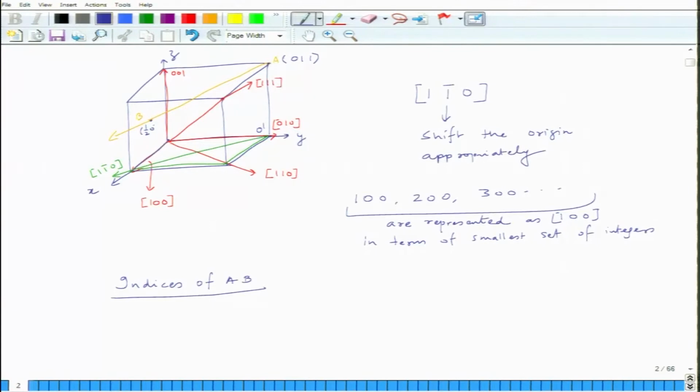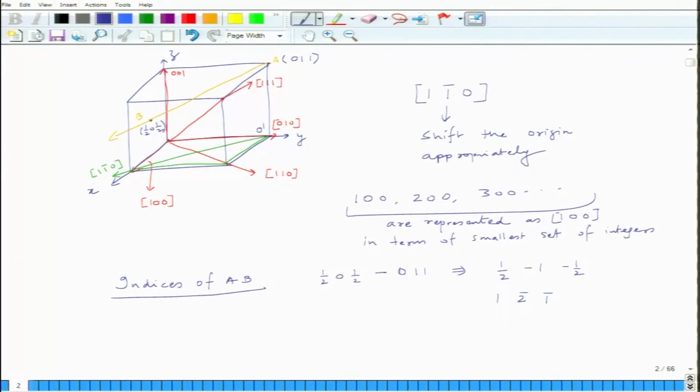So this is half 0 half. So one way to determine the direction is half 0 half minus 0 1 1. So what do you get at the end? Basically half, minus 1, minus half. So this is nothing but 1 bar 2 bar 1.